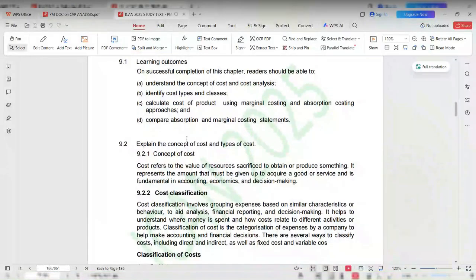Cost classification. Let me try to relate it to what we'll be dealing with in PM. Cost is the money you are going to spend, the costs we incur in order to get something. Cost classification involves grouping expenses based on similar characteristics or behavior.